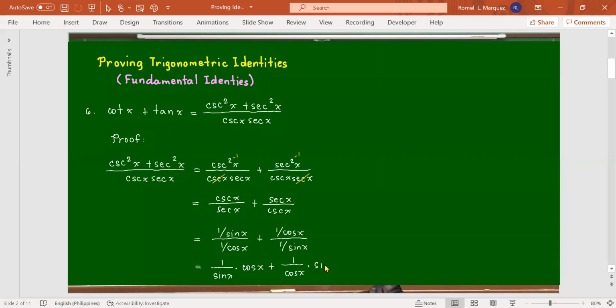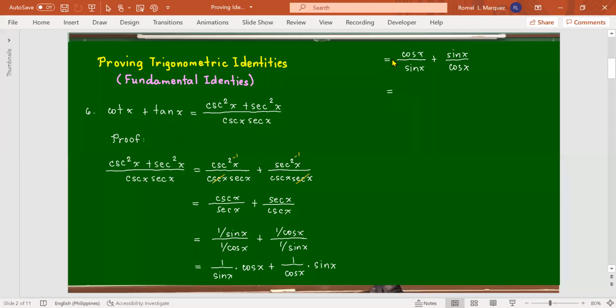So that is sine x. So giving cosine x over sine x for the first fraction, and then the second one, we have sine x over cosine x.